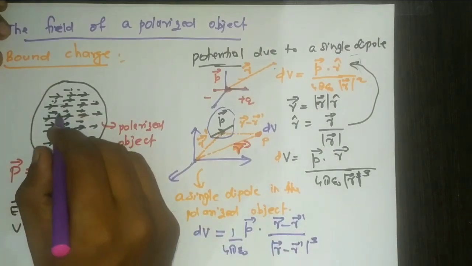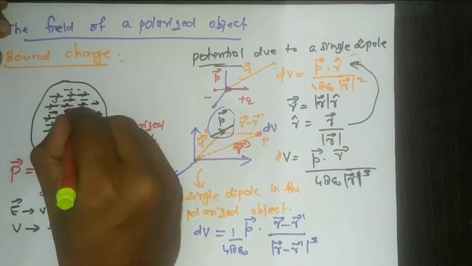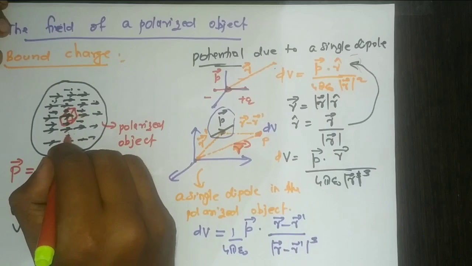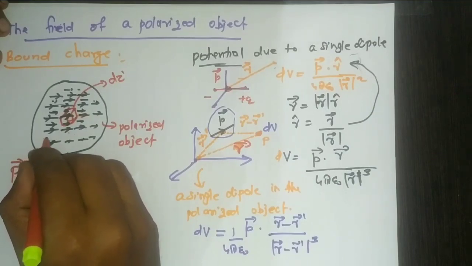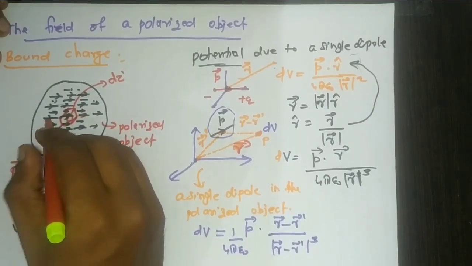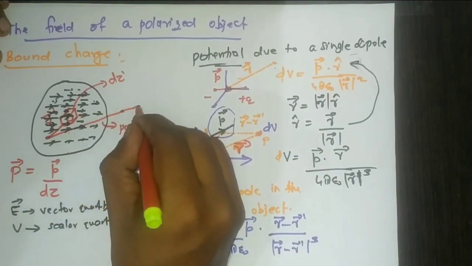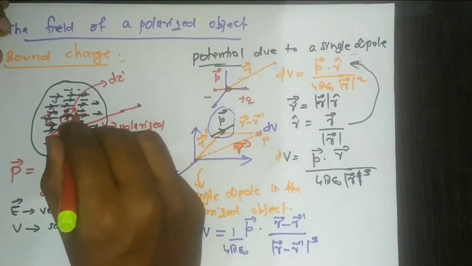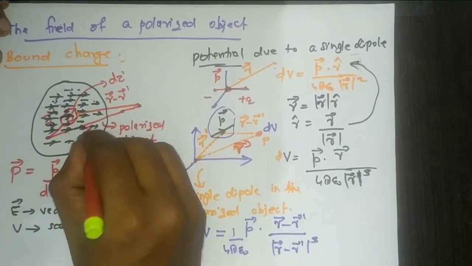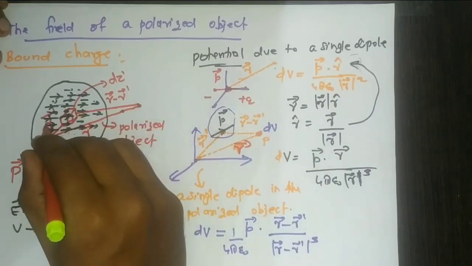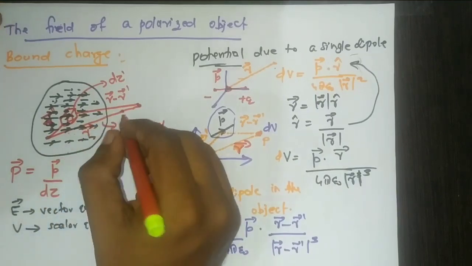Okay, now if I draw the picture of this body, the situation: if I consider a small volume element, I mention this is d tau prime, and if this is r prime, and the point of interest is here, this distance will be r minus r prime, because this is distance r, this is r prime, r minus r prime, this is r.